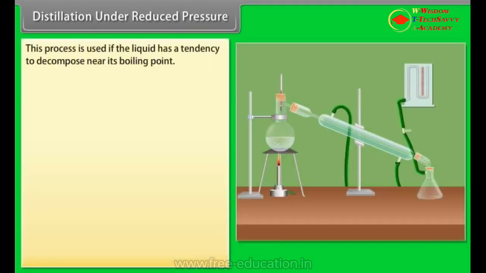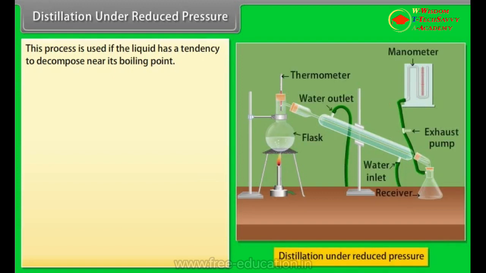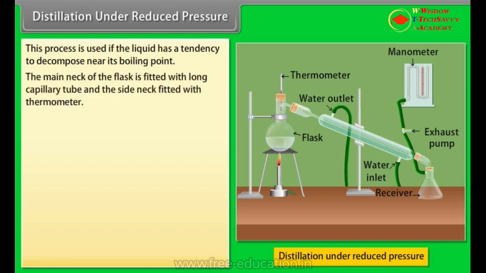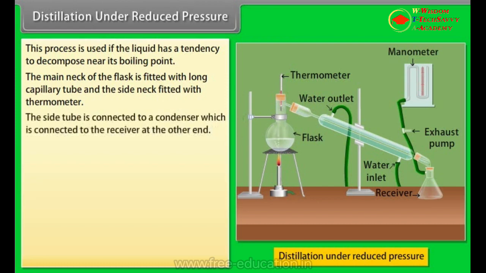Distillation under reduced pressure. This process is used if the liquid has a tendency to decompose near its boiling point. The main neck of the flask is fitted with a long capillary tube and the side neck with a thermometer. The side tube is connected to a condenser, which is connected to the receiver at the other end.